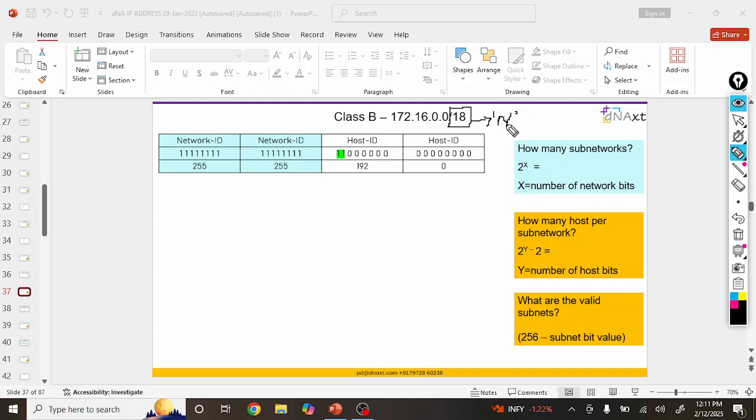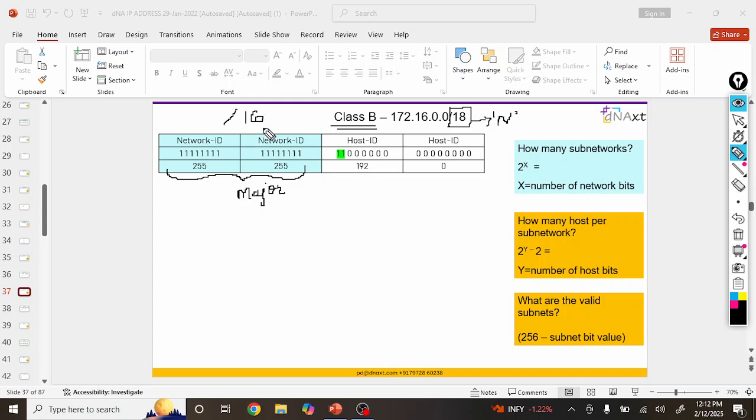Now out of these 18 bits, 16 bits are of the major network. Why do we say this is the major network? Because for Class B the default CIDR value is slash 16.